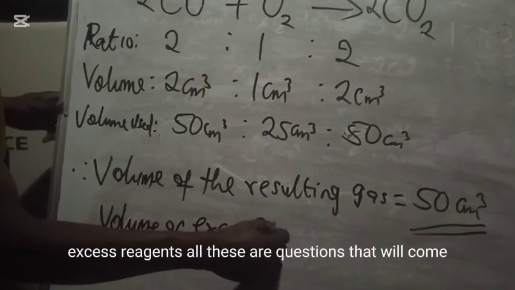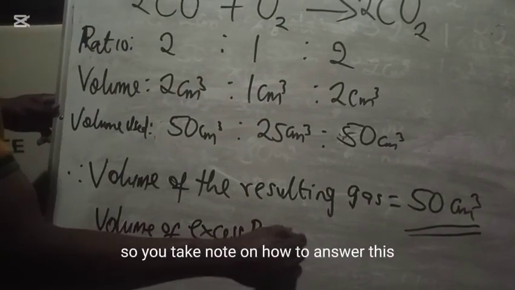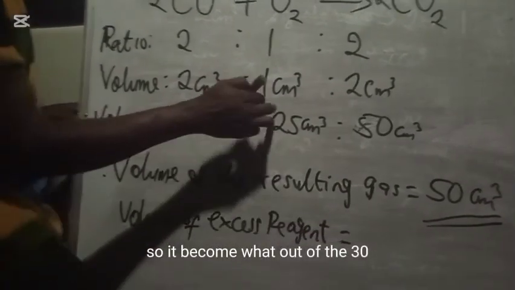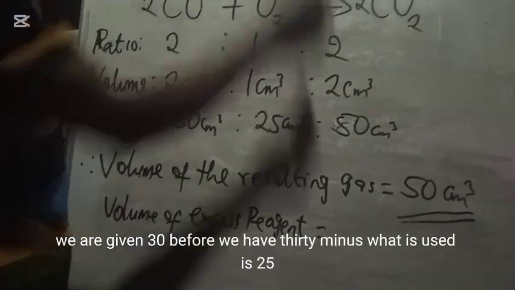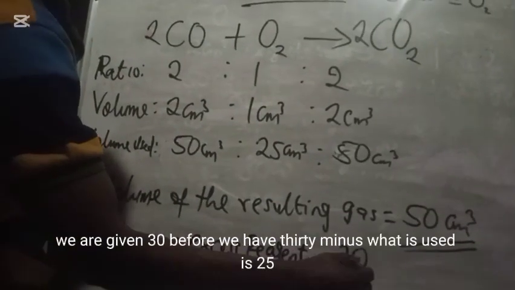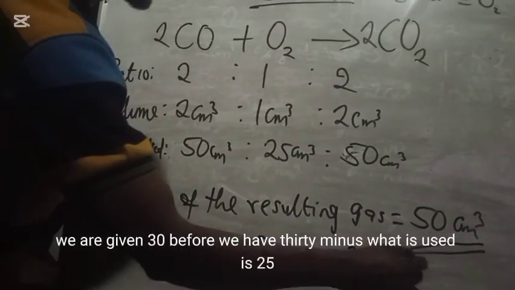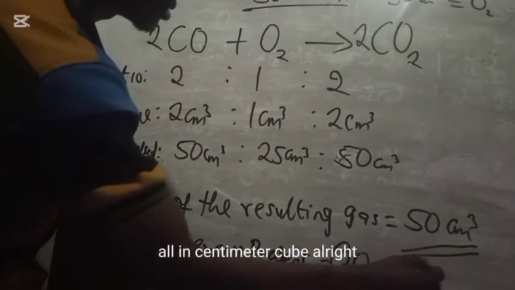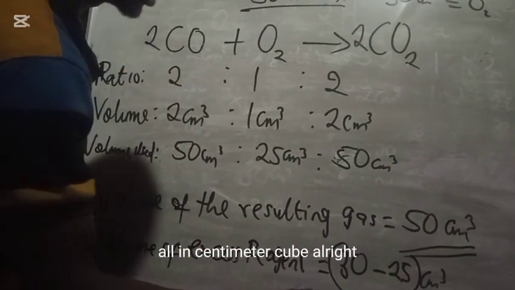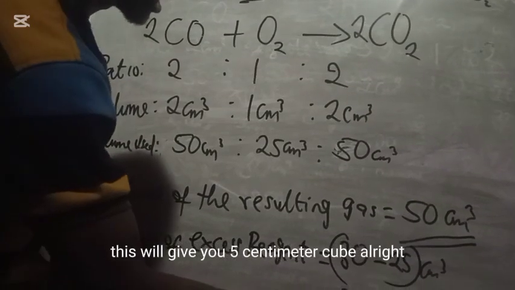All these are questions that will come, so you take note on how to answer this. Out of 30, we are given 30 before. You have 30 minus what is used, 25, all in centimeter cube. This will give you 5 centimeter cube.